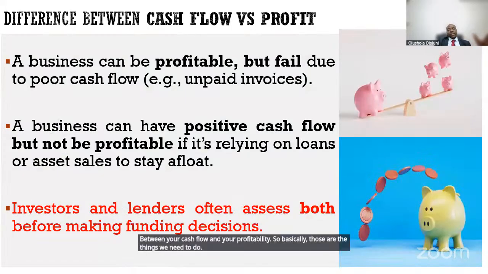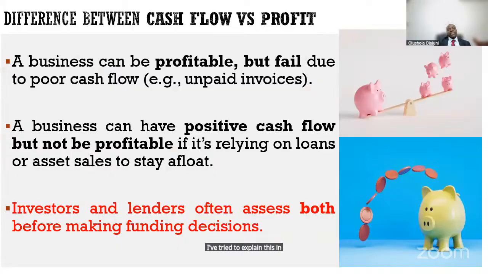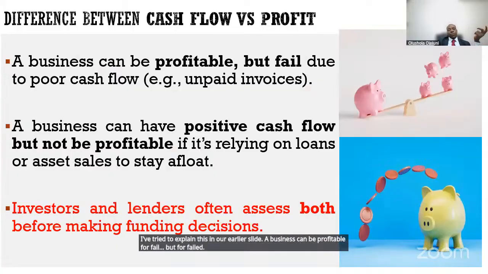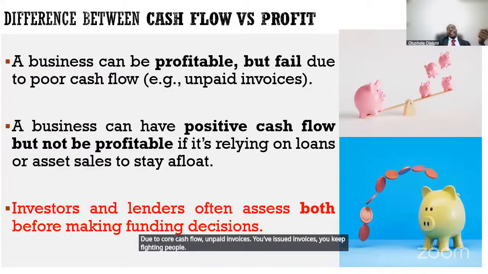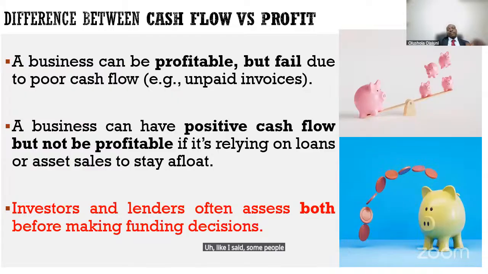Like I've tried to explain in our earlier slide, a business can be profitable but fail due to poor cash flow, unpaid invoices. You've issued invoices, you keep chasing people. Like I said, some companies have payment policies. They tell you, if you do business with us, we only pay after 30 days. Or we pay after 60 days. You can do that, but you do that to smaller people, people that you're bigger than.